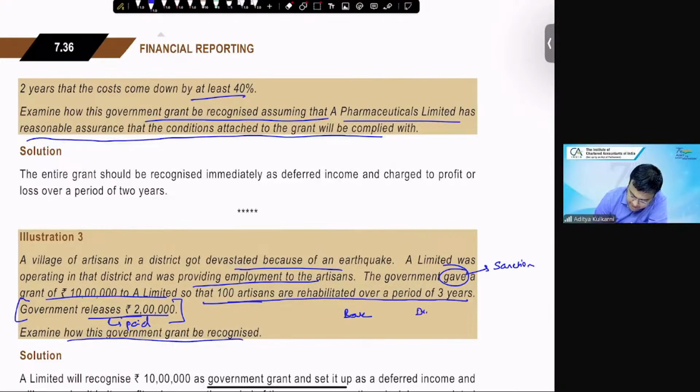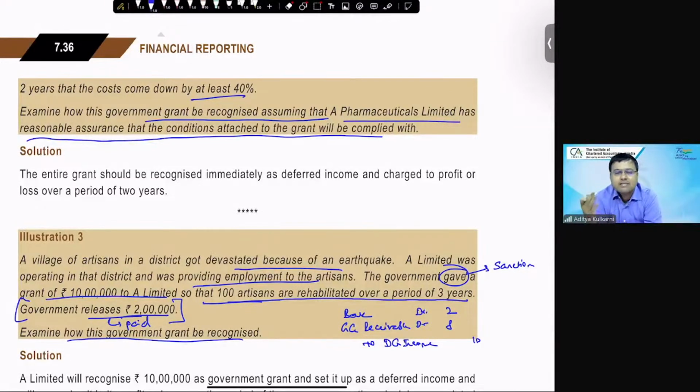So you will be having, in this case, bank account debit to government grant receivable 8 to deferred grant income 10. This is one way of regarding it, because 10 is different, 2 is different. We can take 2 as a part of 10. Okay.